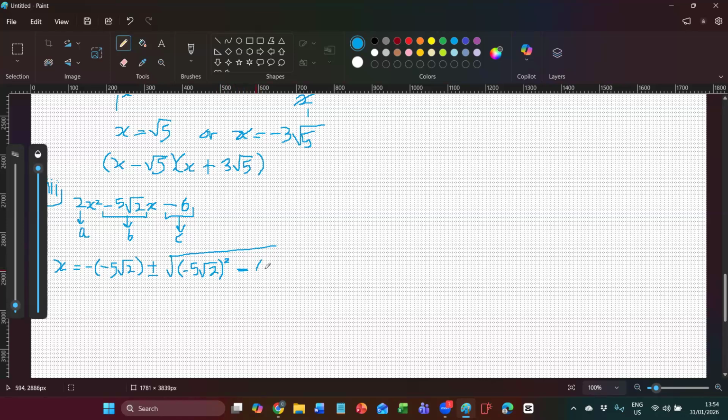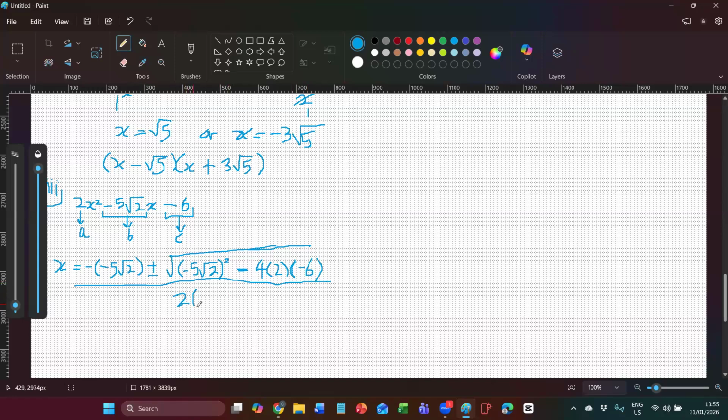Minus 4AC. Minus 4. Now my A is no longer 1, but 2. Anyway, it's not like we have not been writing it. We've been writing it even though it was 1 all this while. And C is minus 6. Okay, so all this is over 2 times 2.